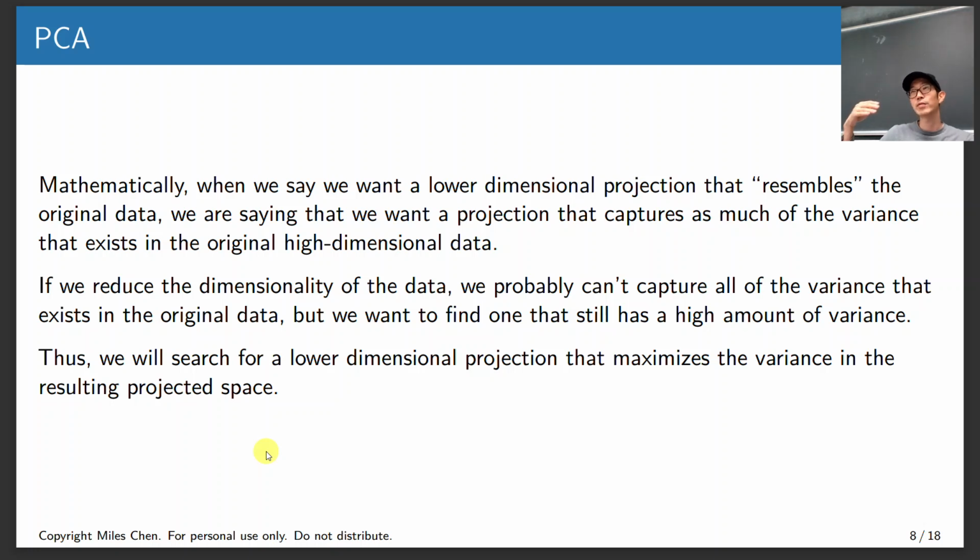So we want the resulting data to have the most amount of variance possible. Again, when we reduce the dimensionality of the data, we won't be able to capture all of the variance, but we still want to find one that has a high amount of variance. And so we're going to search for a lower dimensional projection that maximizes the variance in the resulting projected space.